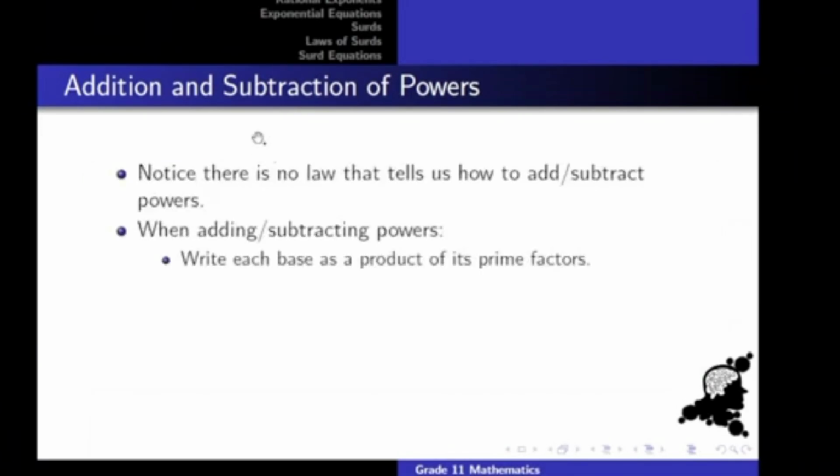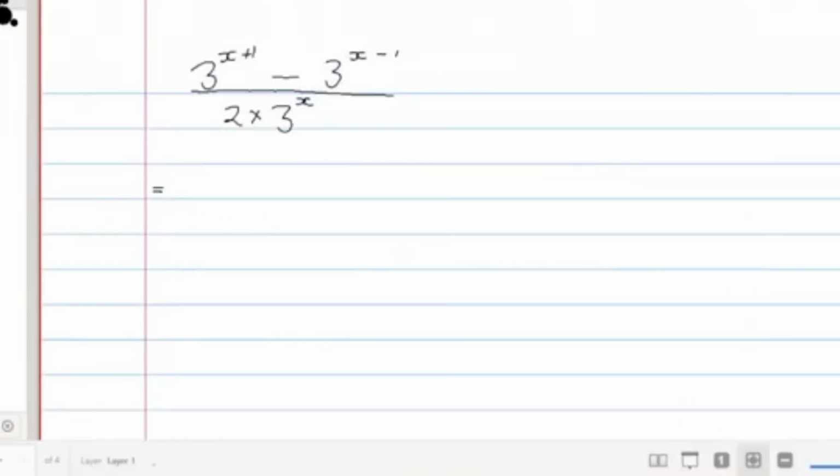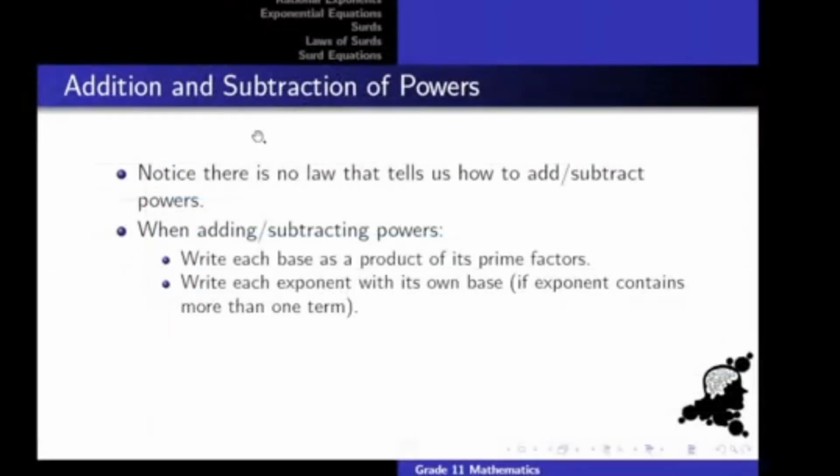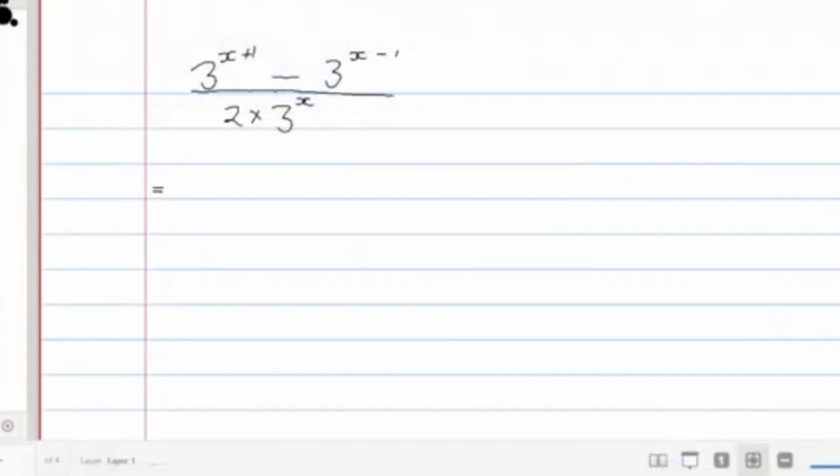The first step is saying write each base as a product of its prime factors. So from the question, our bases are already the same. So we're going to look at the second step where we write each exponent. We try to separate each exponent.